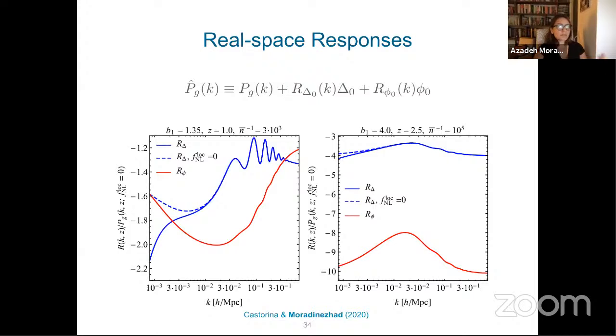As you can see, the responses for different samples, depending on their biases, shot noise, and redshift, have different shapes and also different relative amplitude. But the important thing to notice is that, as I showed before, the response of the short scale fluctuations to the long mode density will also have a contribution from a non-Gaussian initial condition, and that is shown by the difference between the solid and dashed blue lines.